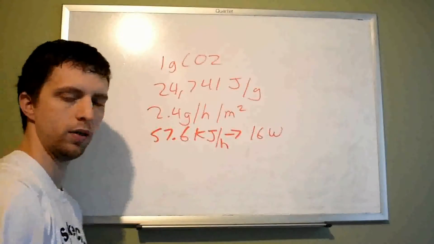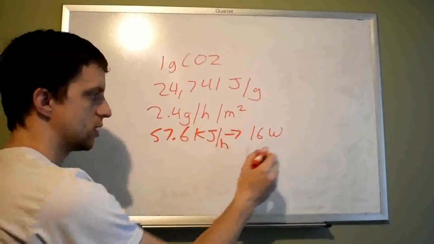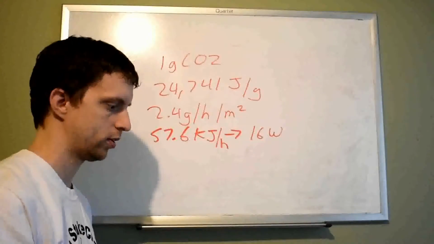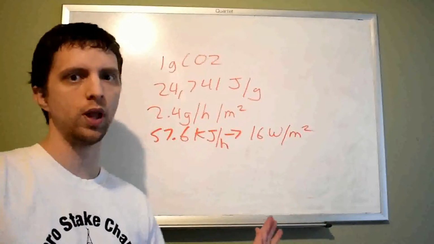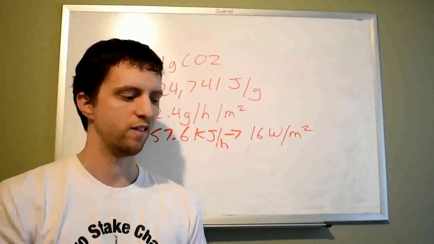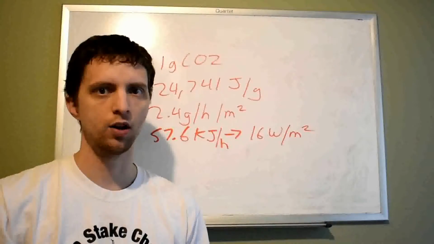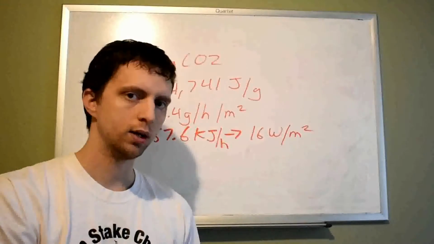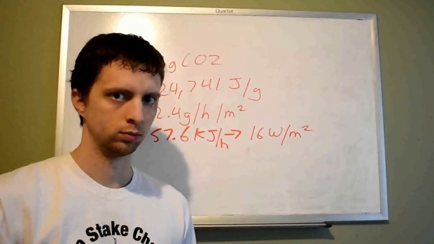So this number divided by 3,600, there's 3,600 seconds in an hour, and you get 16 joules per second, or 16 watts per meter squared. That's all your plant needs. If every single one of those photons that are represented by that energy hits the plant and they're all used, that's all the plant needs. It doesn't need any more.